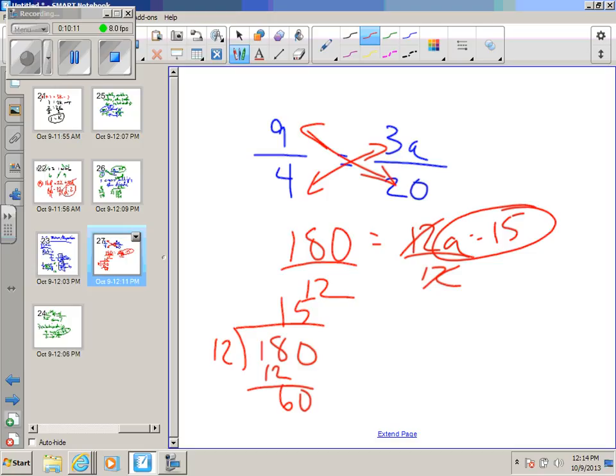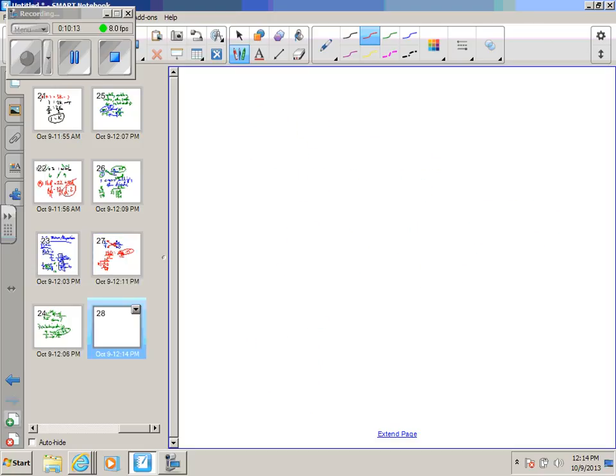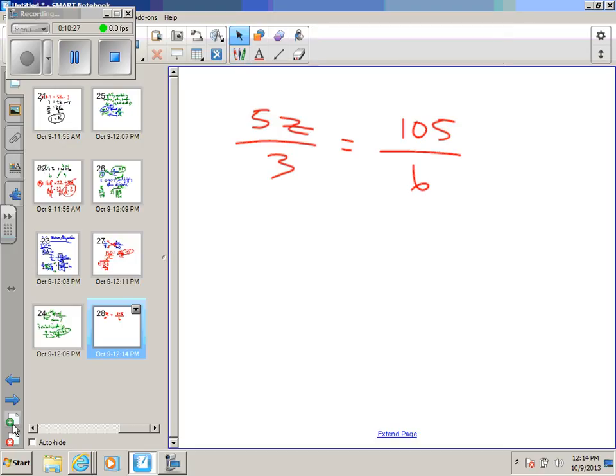5z over 3 is equal then to 105 over 6. Give it a shot. Remember, cross products have to be equal. All right. So cross products, 105 times 3, 315.